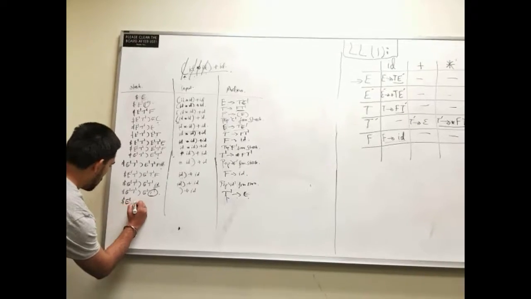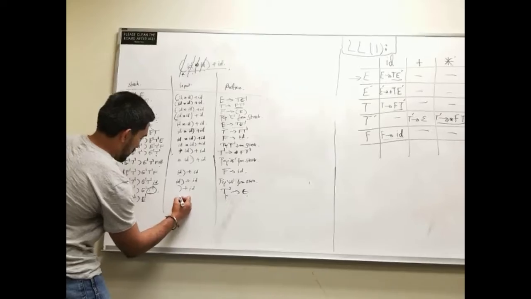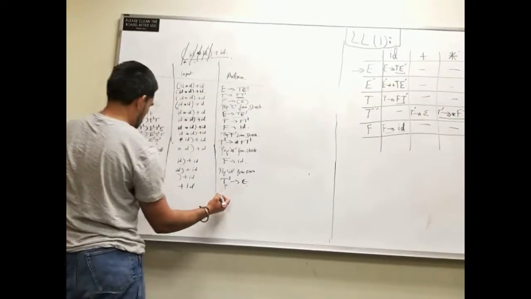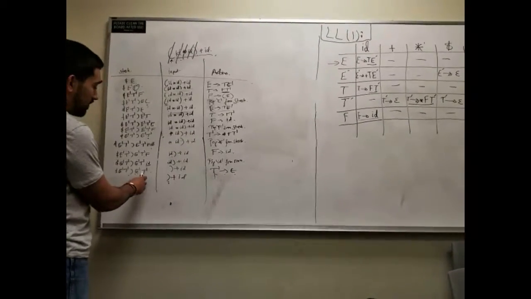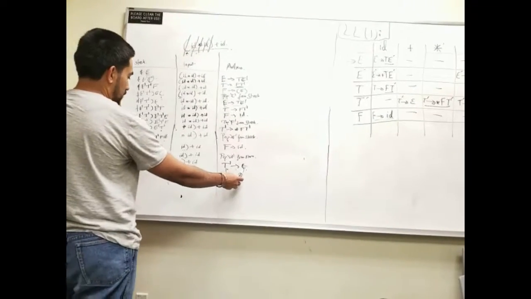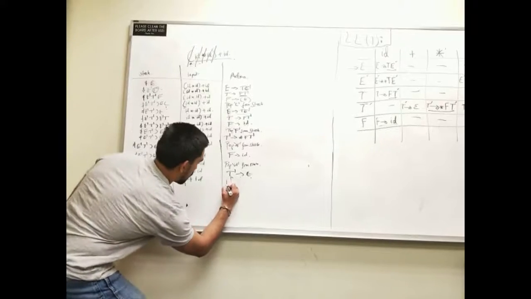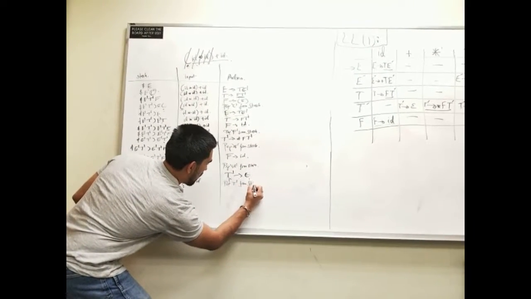So T prime, and the input will be only plus ID. So we still didn't get the closing parenthesis because it's an epsilon. So we'll just pop T prime from the stack. So pop T prime from stack.